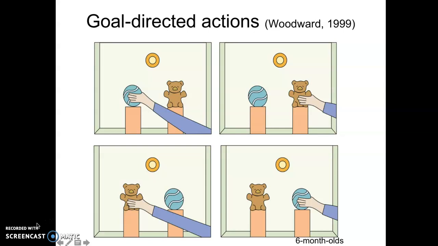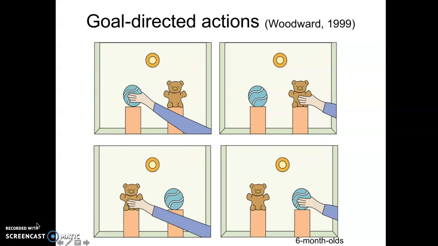So now, on the left-hand column, if the hand continues to reach exactly following the same physical trajectory as before, it will now grab a new object. And on the right-hand column, if the hand continues to reach just as it had before along the same physical trajectory, now it will reach the ball, a different object than what it had reached for before.